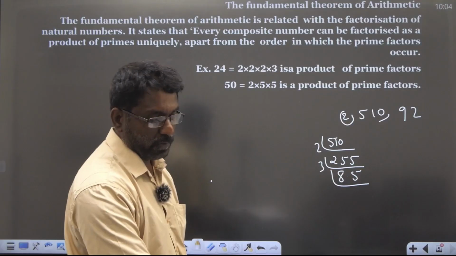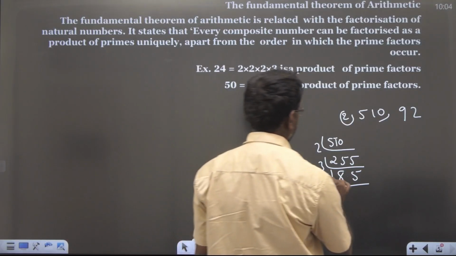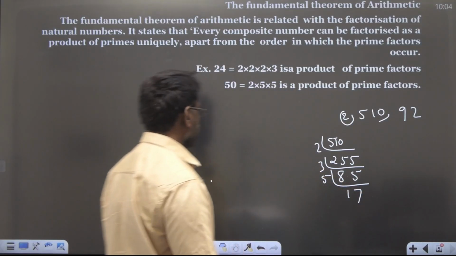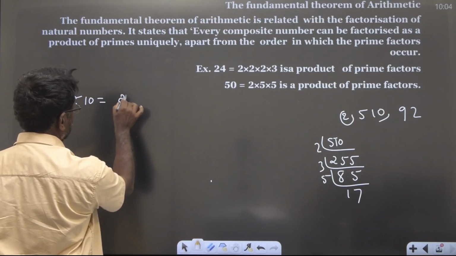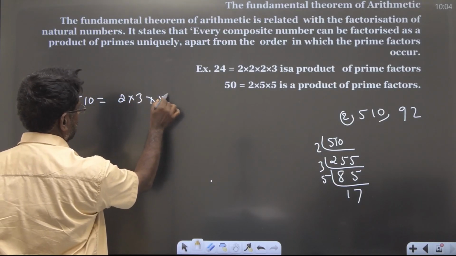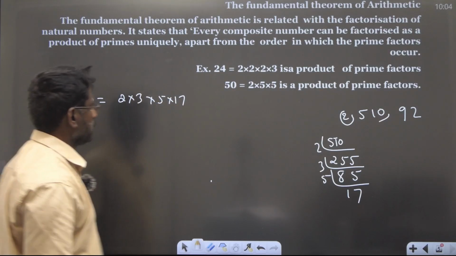Then with 5, 85 gives 17. So 510 is equal to 2 into 3 into 5 into 17.